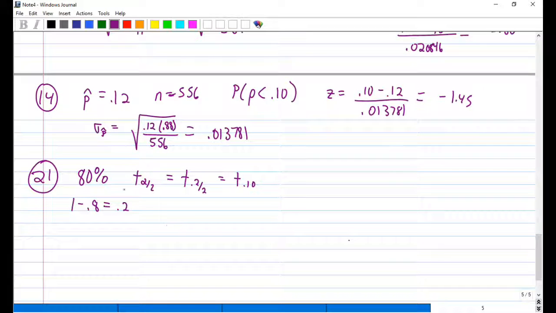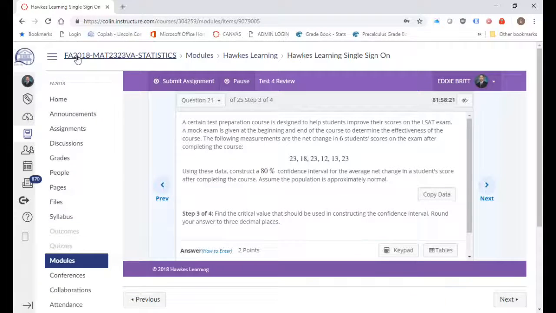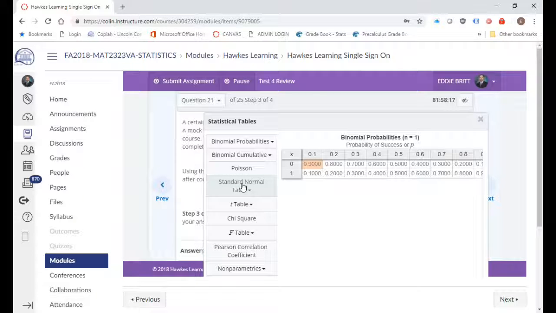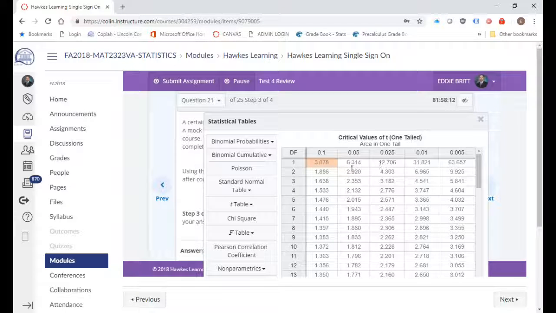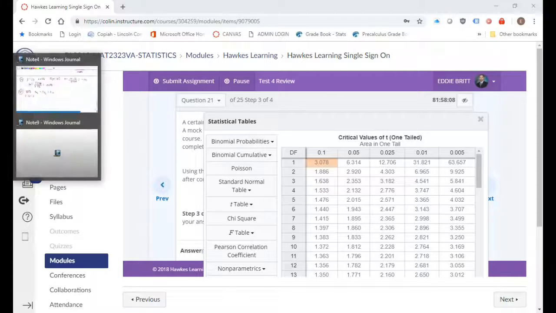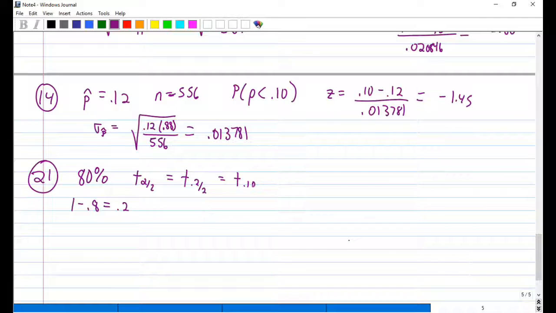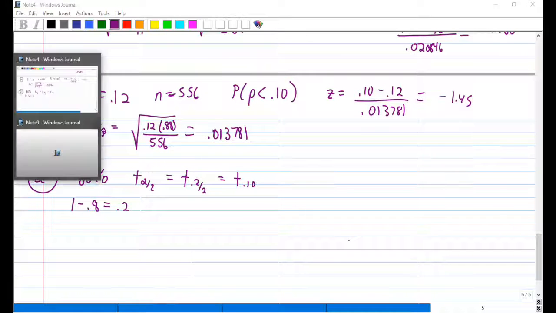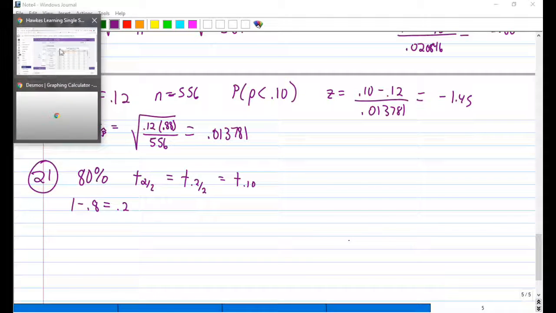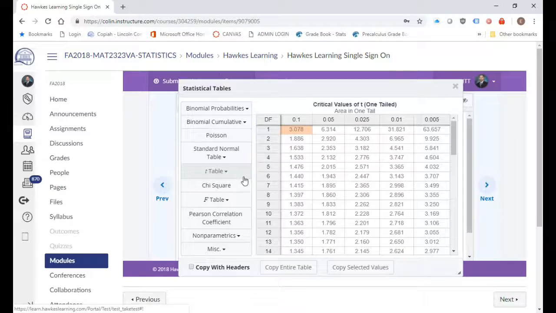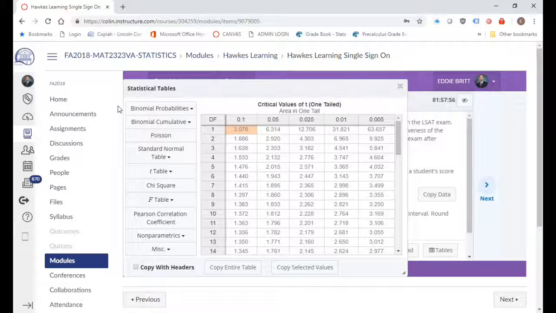All right, so to find the critical value, we're going to have to go to the table. Now it's not the standard normal table, it's the t table. In one tail is what we're looking at. So we go to the column that had the 0.1. So we got our 0.1 here. That's the column that we go to. Also, we need to know what the n was equal to.